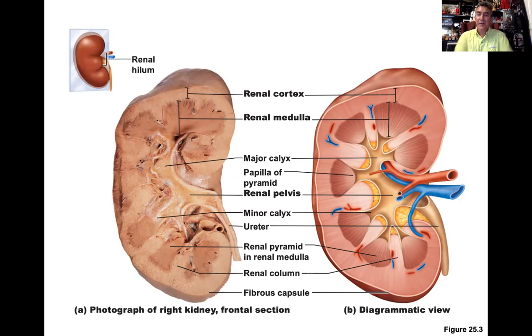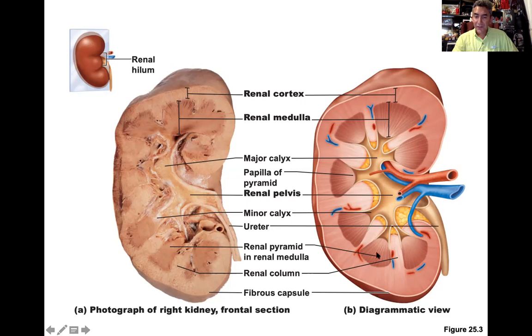So understand we're getting blood flow in, and blood flow will be sent in here to the sort of area to be filtered. We're going to filter, filter, filter, and then give blood back to the circulatory system. And all of the waste will then start to accumulate here in the minor calyx, eventually going to the major calyx, and then to the renal pelvis, and then out the ureter.